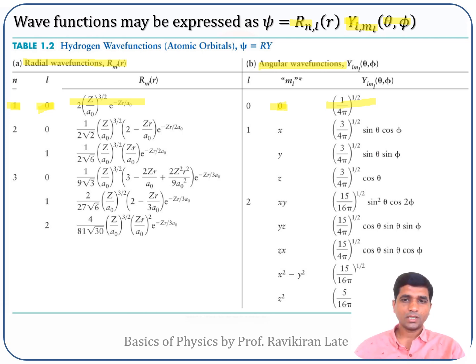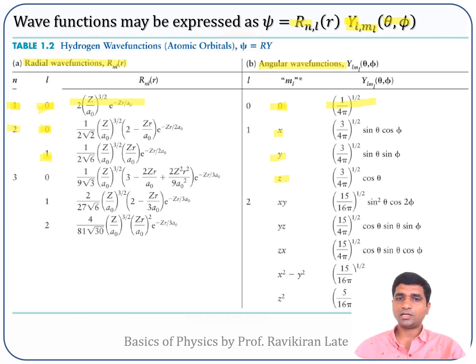For the second, if you consider n equal to 2, it will be psi 200 and the p functions, that will be x, y and z. Depending upon the value of L, you can have different values of ML. If L is equal to 0, ML can have the value 0. If L is equal to 1, then ML can have values from minus L to plus L including 0.